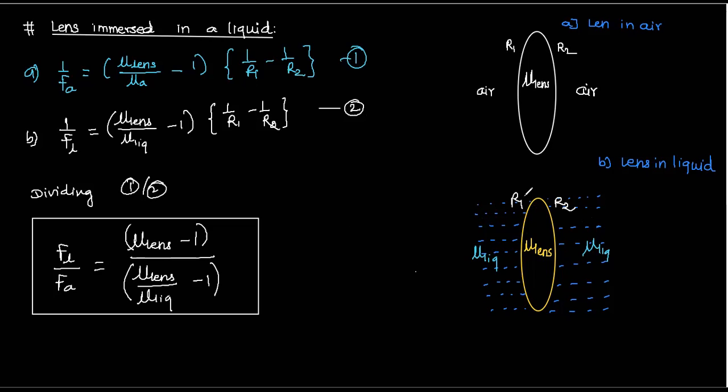Okay, so note down. And if you don't know this, please go and revise the lens maker's formula. It will be very useful for understanding these terms. Okay, so let's stop here for today. Note down properly. Bye.